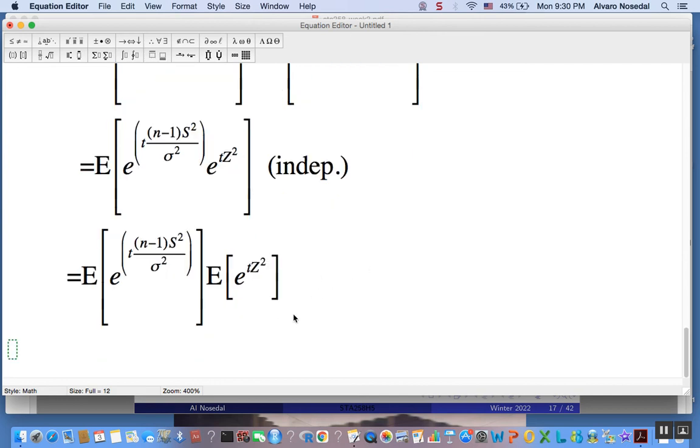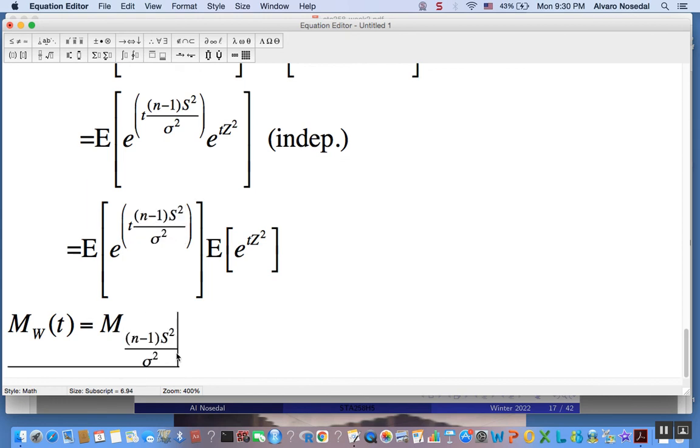So what we have here is that the MGF of the random variable w is the same as the MGF of this random variable here times the MGF of that normal 0, 1 squared, the standard normal squared. Okay, just by definition.